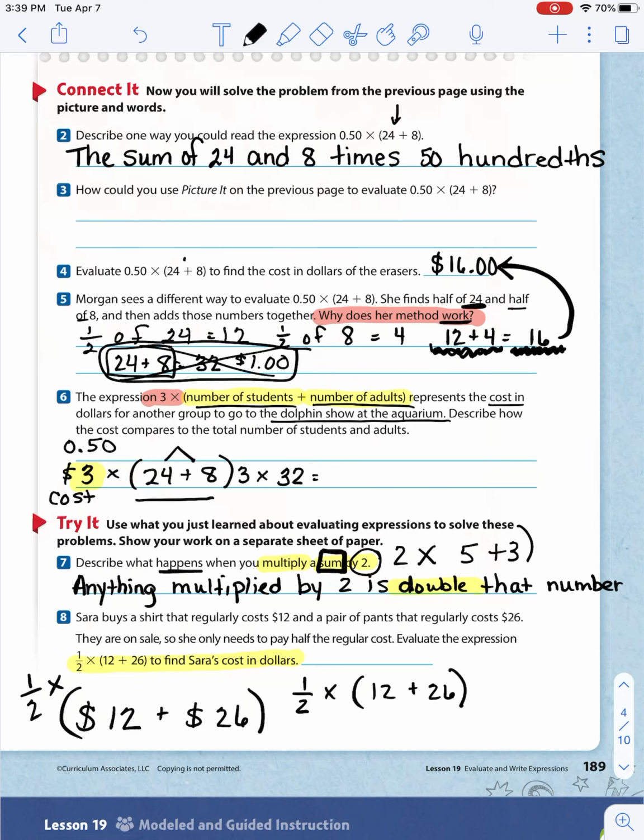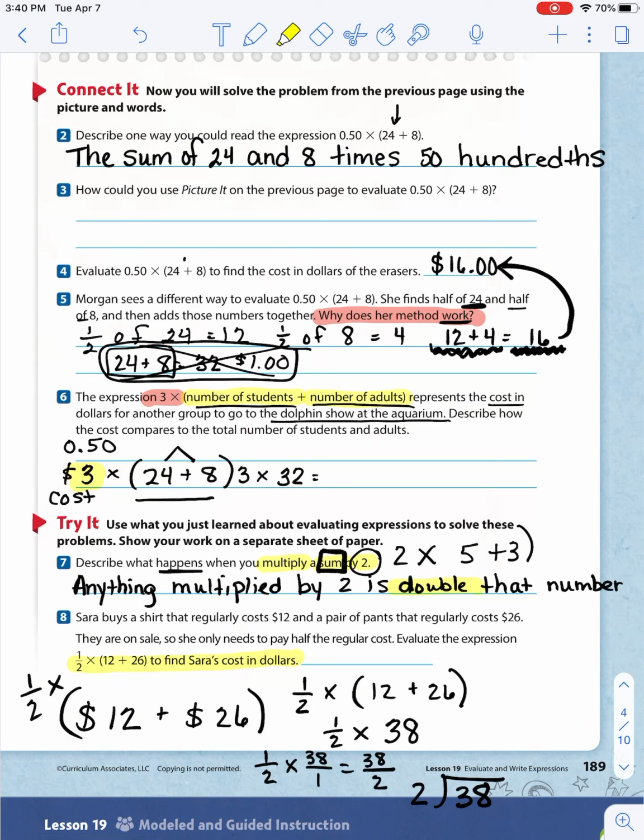Okay, when I add 12 plus 26, I get 38. Bring down the rest. Now, boys and girls, if you want to do old school on this one and turn 38 into an improper fraction and then divide, you certainly can.